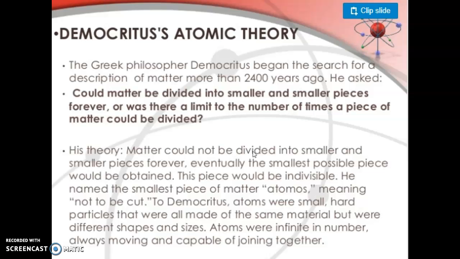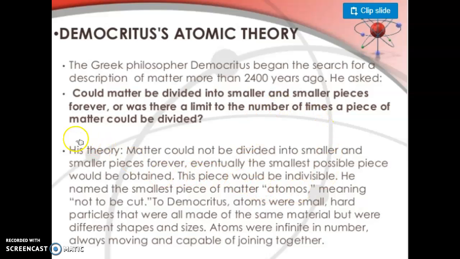He found that if we go on dividing matter into smaller and smaller pieces, there comes a situation where the matter could not be divided further. That smallest particle of matter which could not be divided further, he named as atom.